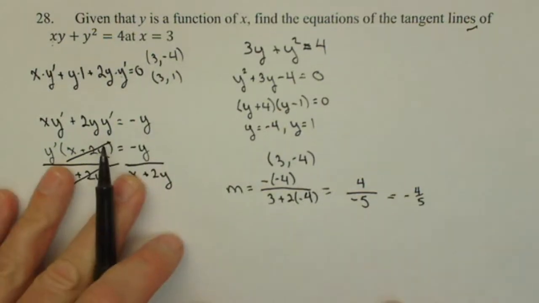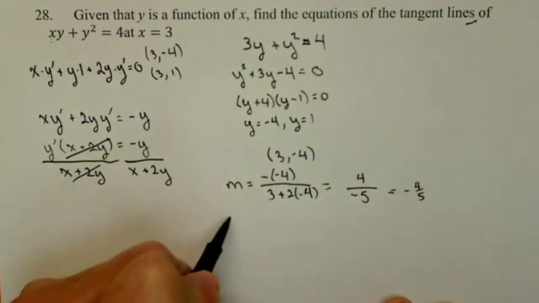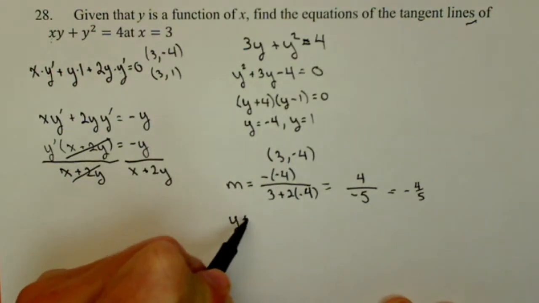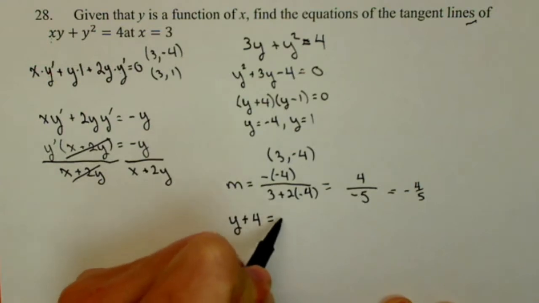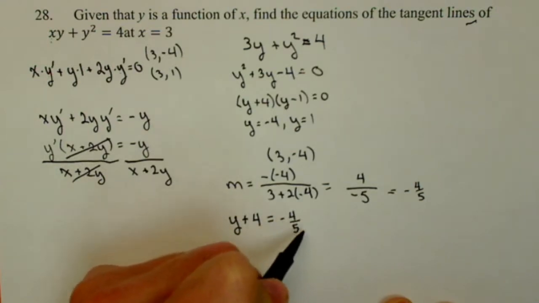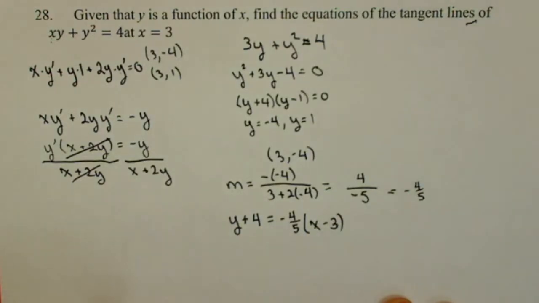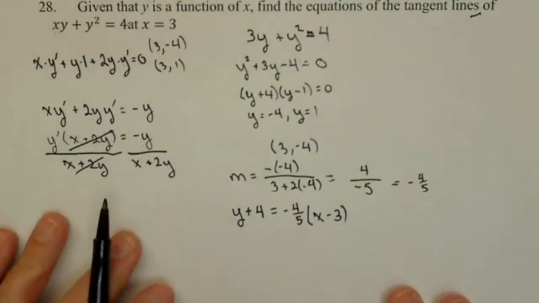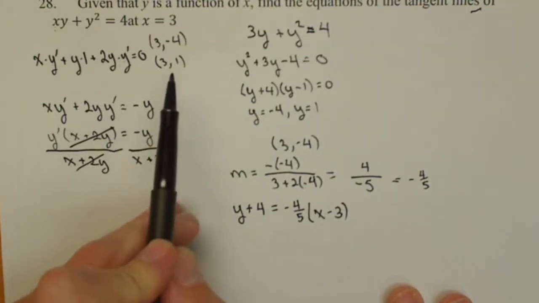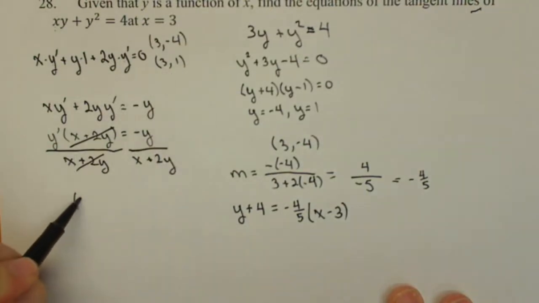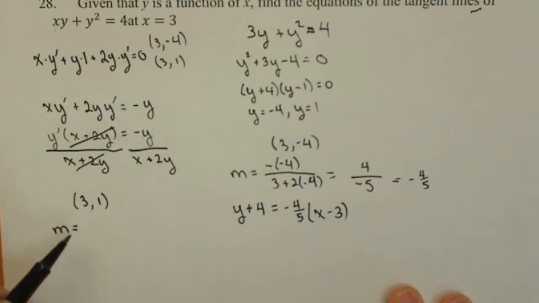And let's just go ahead and put the line in point-slope form. So that's going to be y minus y1, which will be y minus a -4 or y plus 4 equals -4/5 times x minus 3. And there's tangent line number 1. Now we need another one going through (3, 1). So first thing is find our slope.